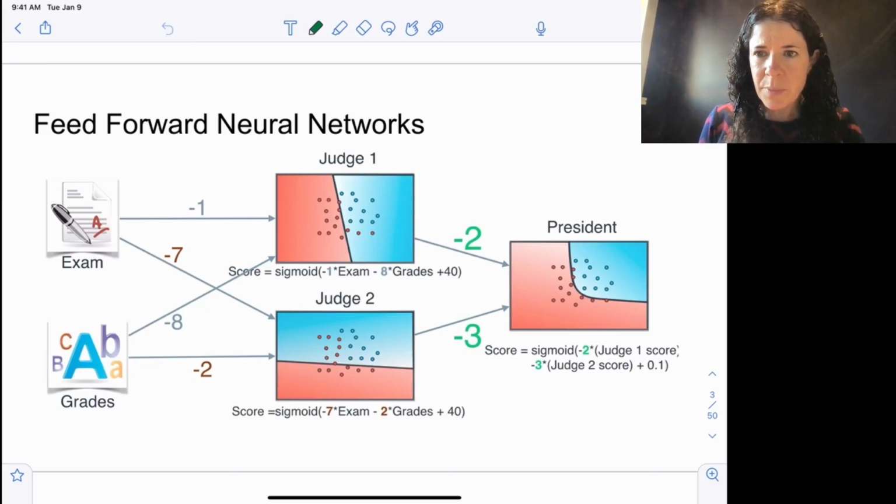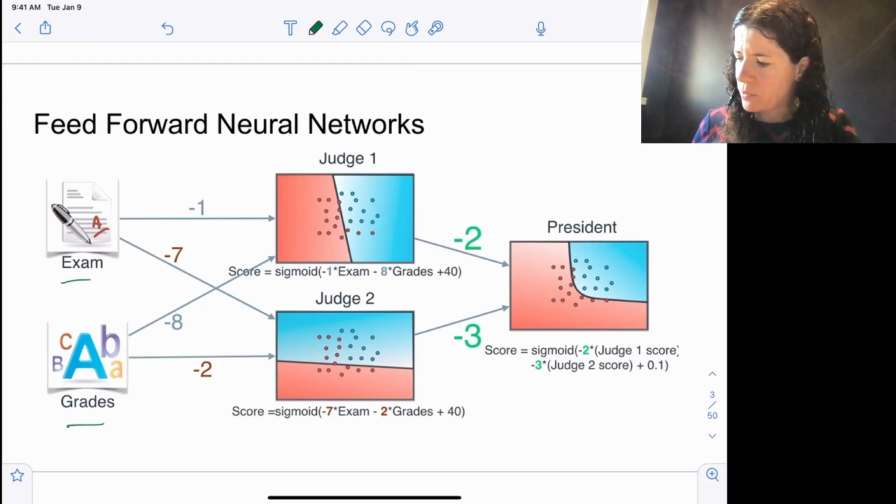So this is the picture we have been working with. In the picture, we have two input variables, the exam and the grades. As we have talked about before, those two input variables go into, say, judge one, which is going to have a linear combination of those, and then after that we're going to do some kind of score.